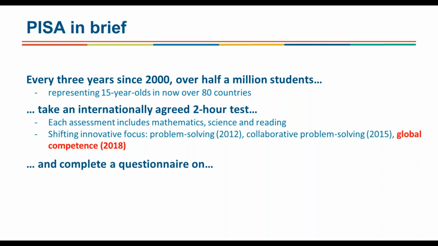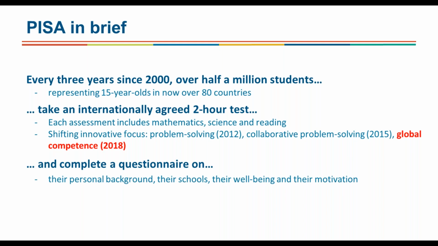But in the last few cycles, there's also been an innovative domain assessment. In 2012, this was problem solving. In the last cycle, it was collaborative problem solving. And in this year's assessment, it's global competence. As well as the test that students take, they also complete a questionnaire in which we collect information on their personal background, their schools, their well-being, and their motivations.